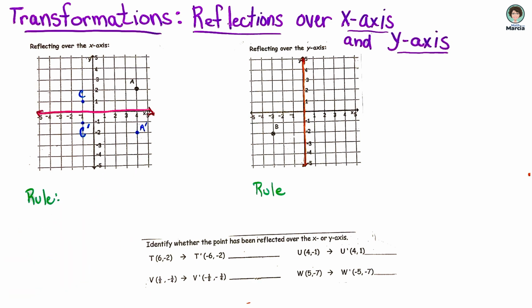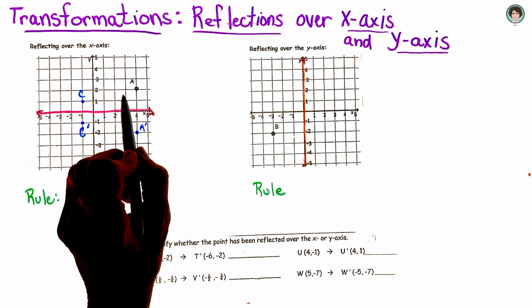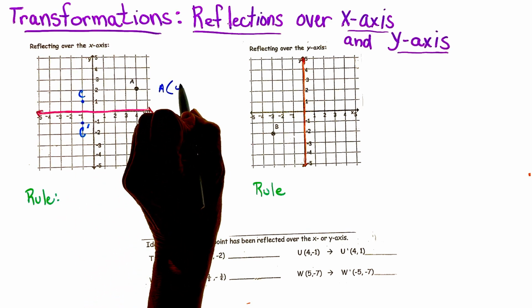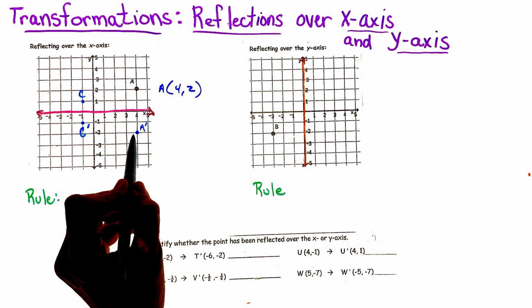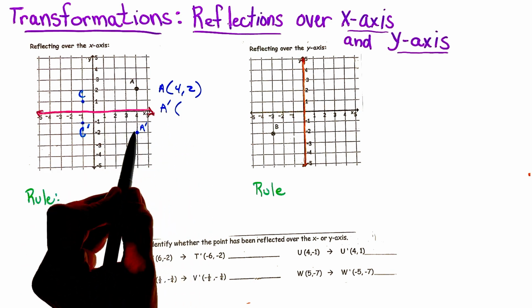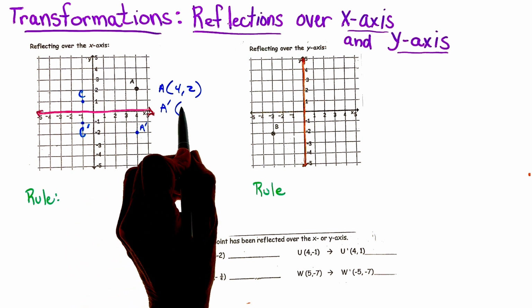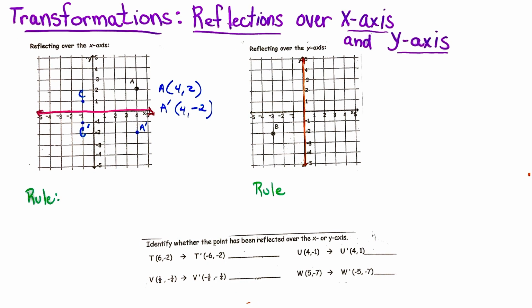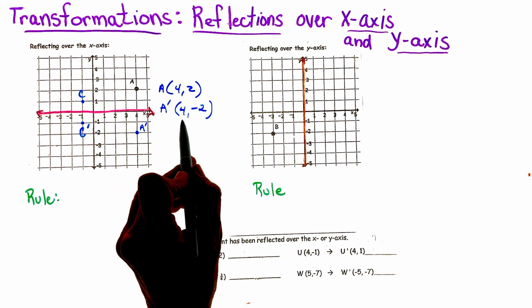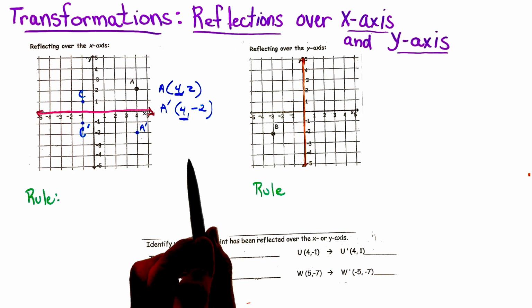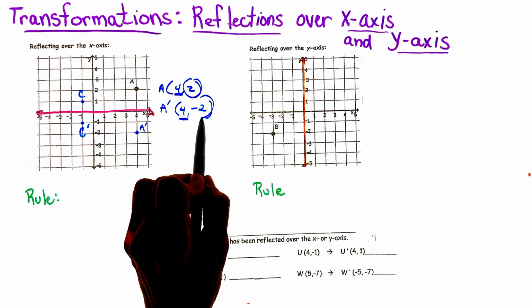Going back to A, the ordered pair for A is 4 and 2. A prime, the new point that was reflected over the x-axis, is 4 and -2. We're looking for a rule that's going to make it easy to remember. The x's are the same, but what do you notice about the y's?